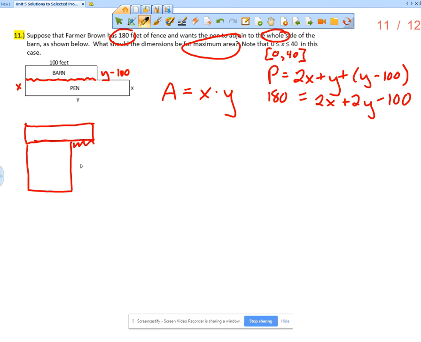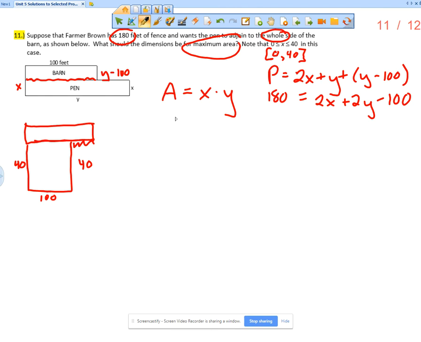So what does that mean? Well, that means that x can be only as large as 40, right? Because, well, why is that? If x is 40 and 40 here, then I only have 100 feet of fence left, which would be how big y would need to be to cover the whole side of the barn.